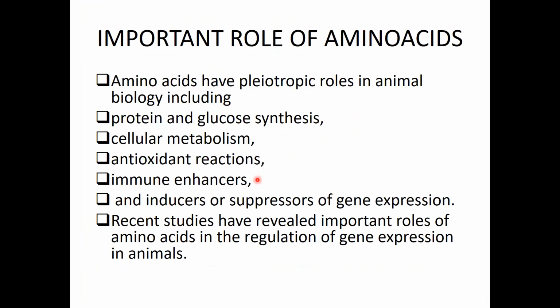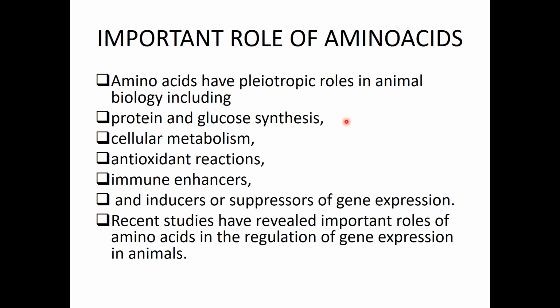So when we talk about the important role of amino acids in our body, they have so many roles, like protein and glucose synthesis. We can also say the formation of glucose from non-carbohydrate sources like amino acids is known as gluconeogenesis.